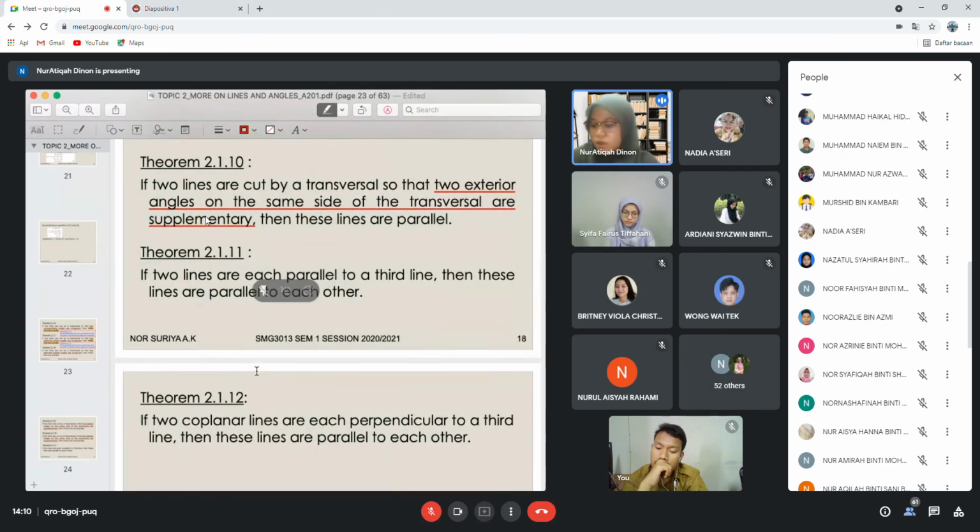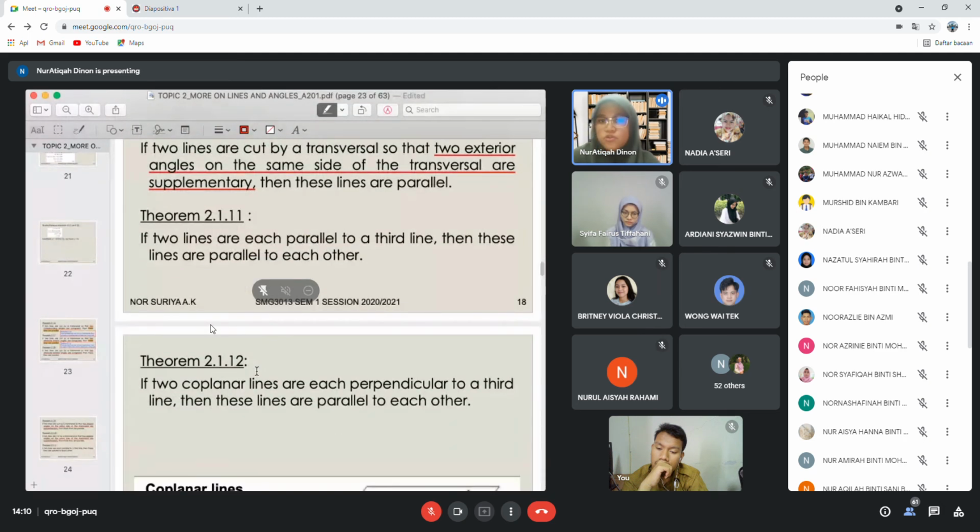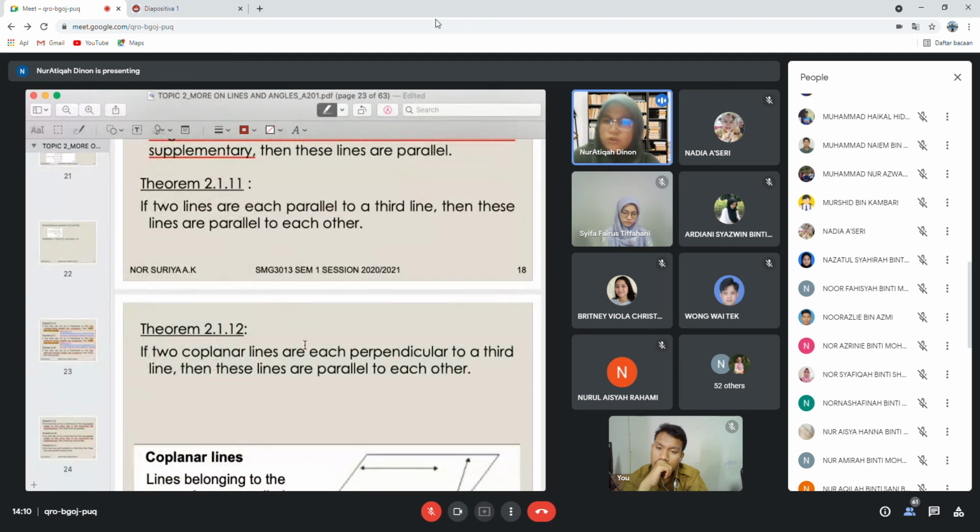Okay, for theorem 2.1.12, I want you to look at these two because these two theorems have almost the same statement, but it's a little bit different.